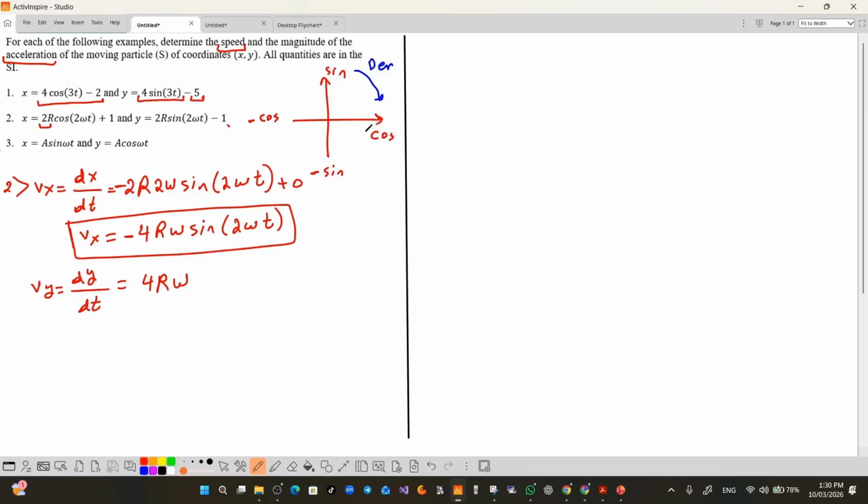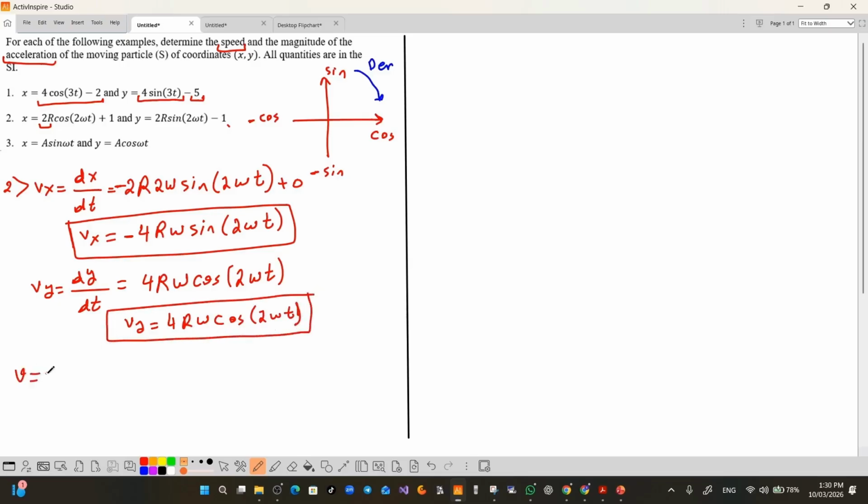The sine becomes cosine, but maintaining the same sign, no changes on the sign because this sign here is a result from the derivative of the cosine being minus sine, but here the derivative of the sine is purely plus cosine. You can double check by referring back to the unit circle. So the Vy is equal to 4r omega cosine 2 omega t.